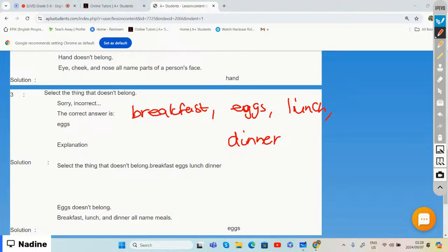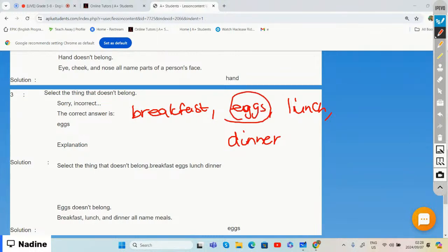All right. And a word that doesn't belong, right? We have breakfast, we have eggs, we have lunch, and we have dinner. And if we identify a word that doesn't belong, we can say eggs don't belong.